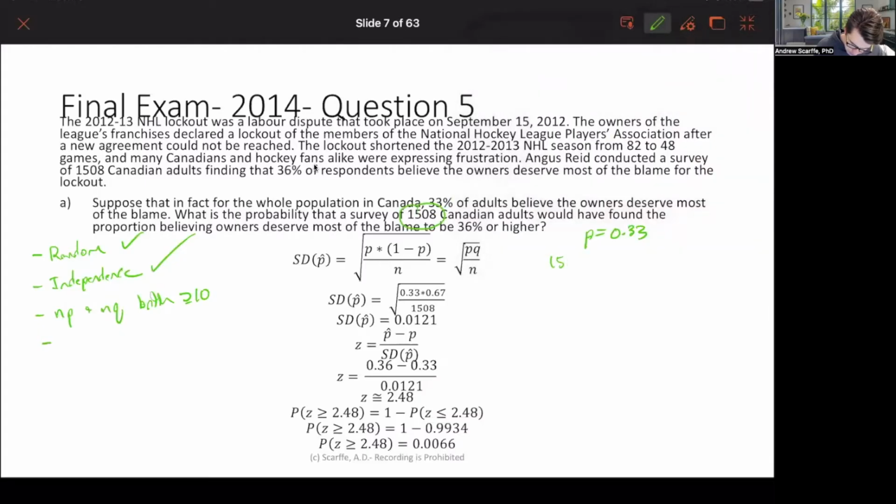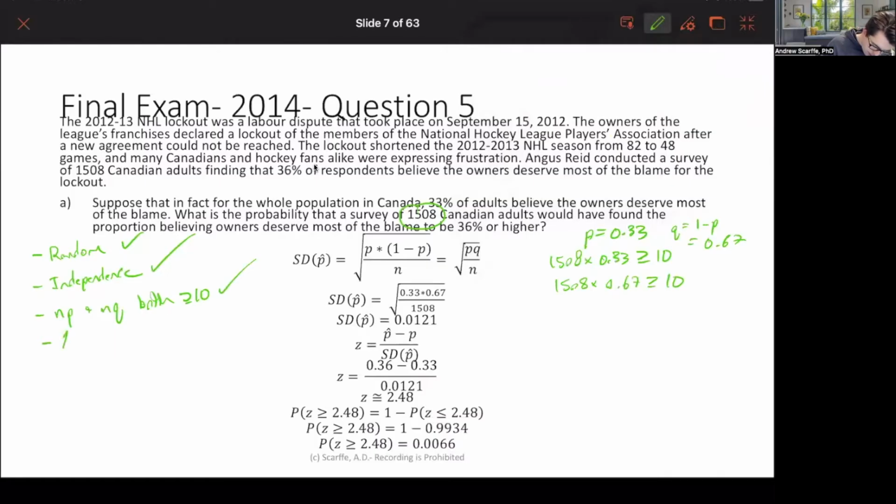So 1,508 times 0.33 is going to be greater than or equal to 10. And likewise, q is equal to 1 minus p, which is equal to 0.67. And 1,508 times 0.67 is also greater than or equal to 10. So both greater than or equal to 10.